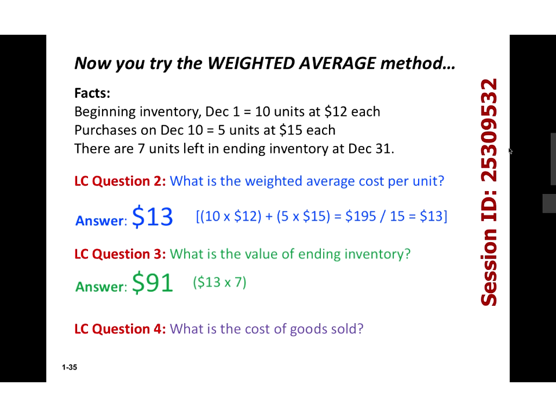Okay, so we're doing the 8 units. The 8 units that we sold, where did we get that? We did it back a couple questions ago. 8 units sold times the $13 cost. You're going to multiply that.